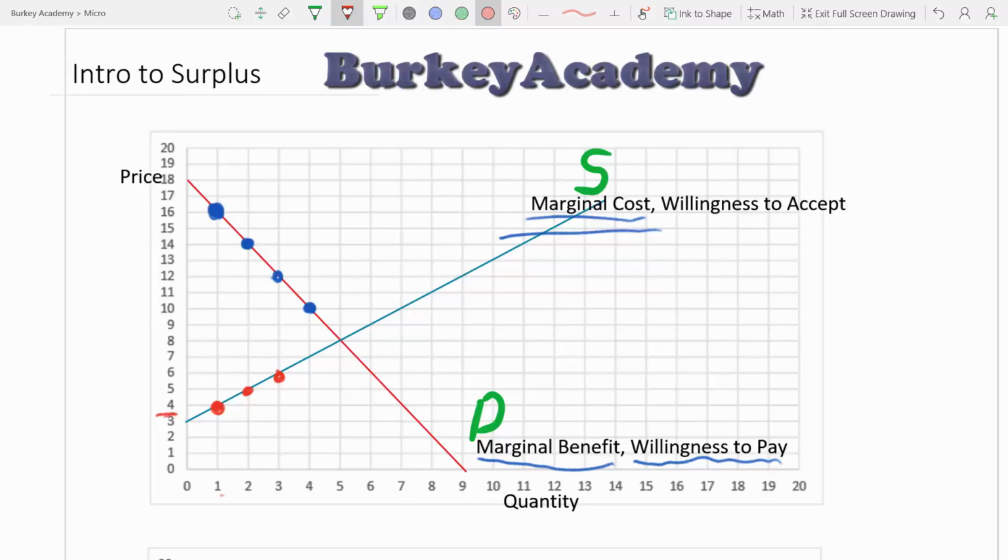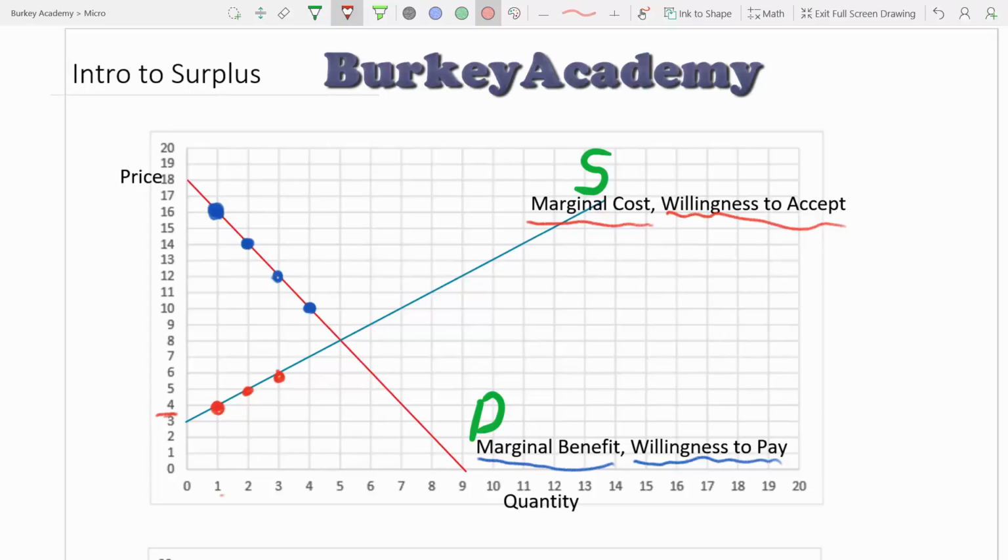Another way of thinking about this marginal cost is in terms of willingness to accept. The minimum a business is going to be willing to accept in order to produce a unit of a good is that you have to at least cover the additional cost, the marginal cost, of producing that unit.